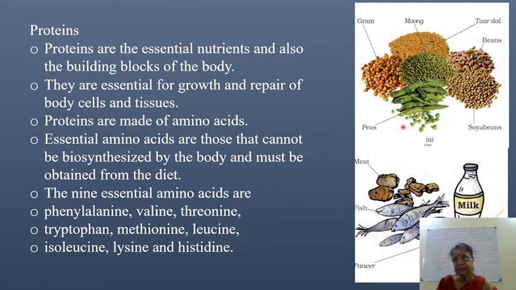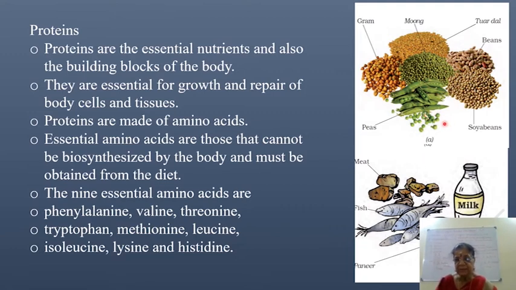Now the picture shows sources of protein. These are all plant products, these are all plant sources, and these are all animal sources. Plant sources are chana, chickpeas, moong dal which is green gram, toor dal which is pigeon pea, beans, and then soya bean, and this is green peas. These are all sources from plants.